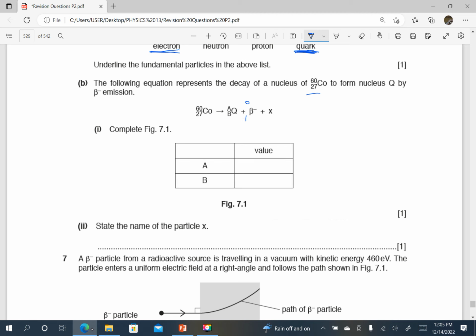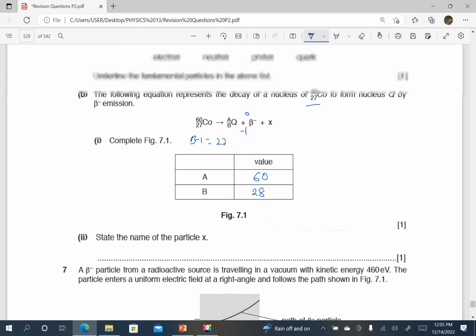Beta is 0, negative 1. So A plus 0 is equal to the other side. So A is going to be 60. And B minus 1 should be equal to 27. So B is going to be 28.